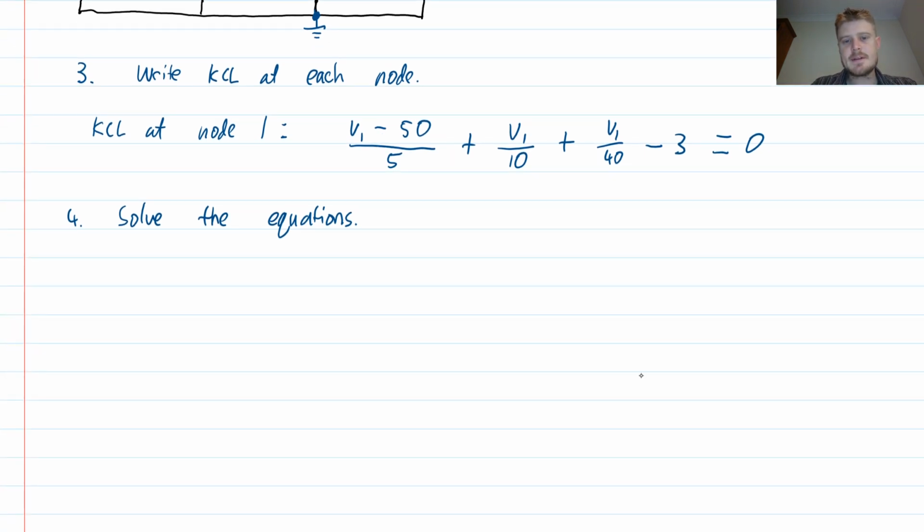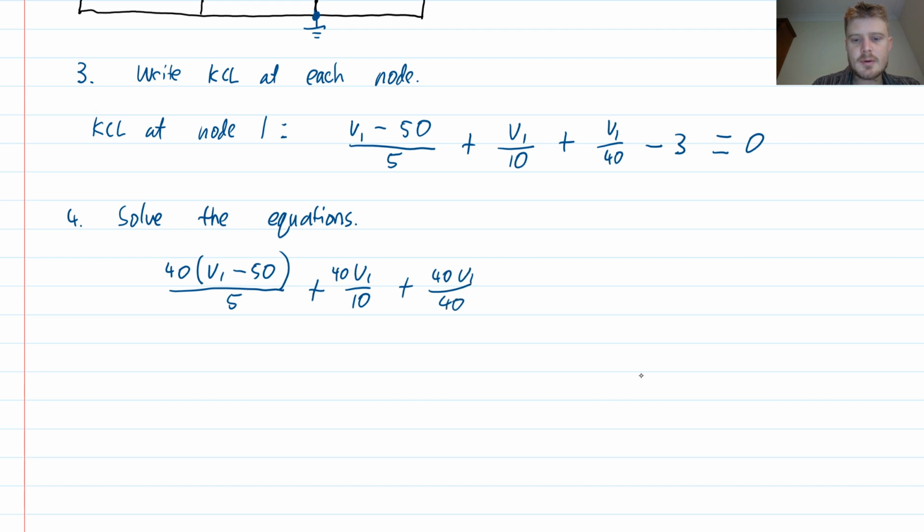In order to solve this, I would like to get rid of these fractions, so I'll multiply by something that will cancel them out. I'm going to multiply everything by 40. That will give me 40 times (V1 minus 50) over 5, plus 40 times V1 over 10, plus 40 times V1 over 40, minus 3 times 40, equal to 0.